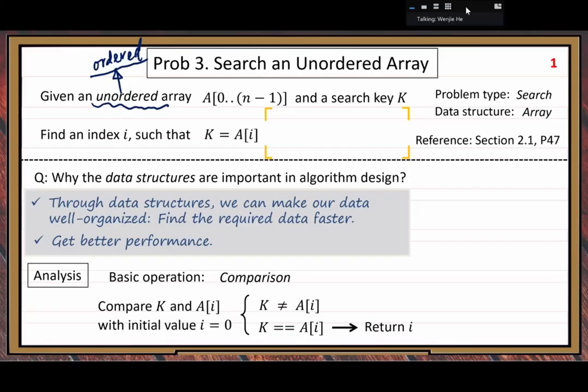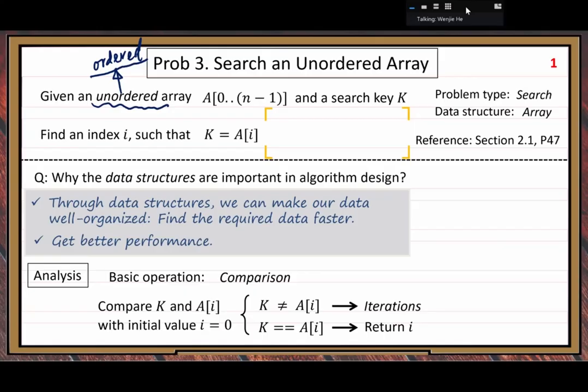So these are the 2 cases. We do not need to consider 3 cases; one greater and one less than is unnecessary. We combine greater than and less than into 1 case, the unequal case. For the equal case, return i. Then you complete your algorithm. But if not equal, you need to do the next iteration.